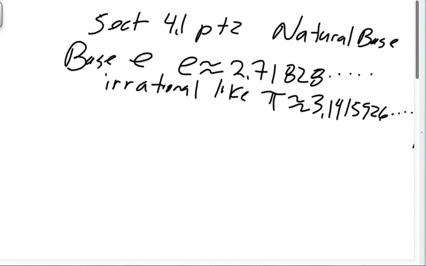All right, so with that said, E behaves the same as the other bases. So all the stuff you learned for the other bases in the previous section is still going to work on this one.